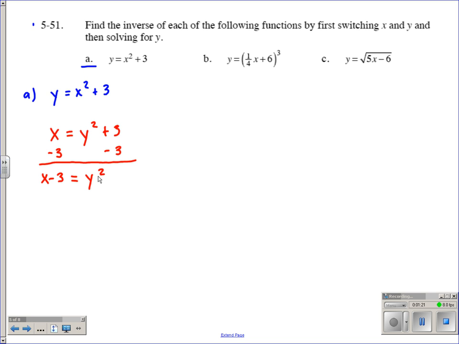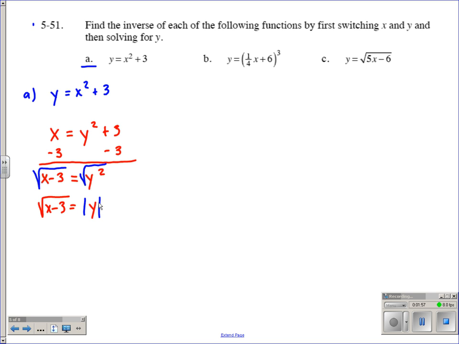Now, how do we undo something that's being squared? We take the square root. So when I take the square root of y squared, I also have to take the square root of the other side. And the square root of anything that is being squared should leave us with the absolute value of y equals the square root of x minus 3.